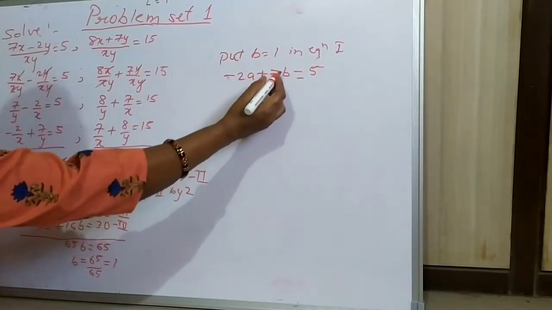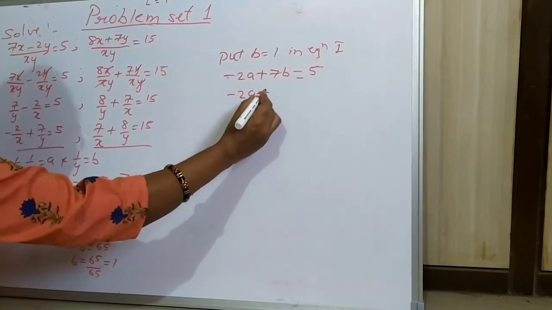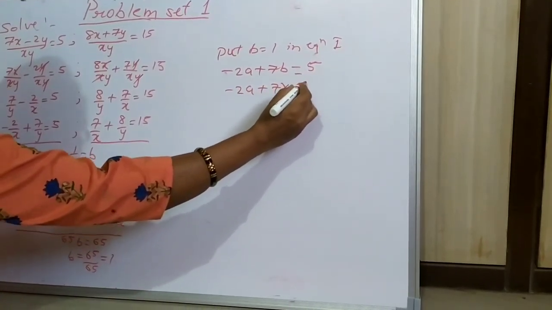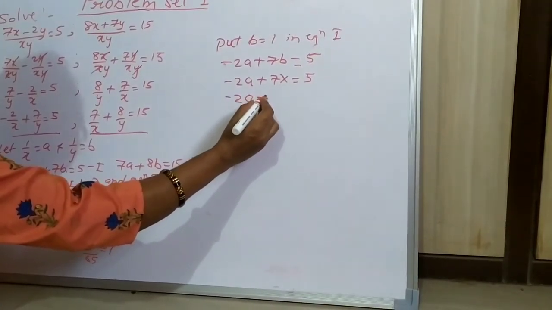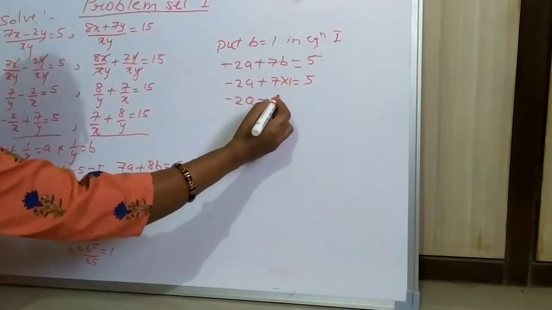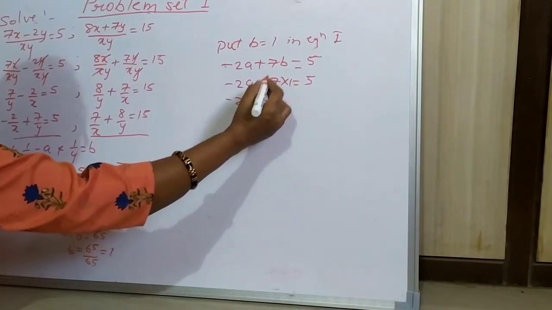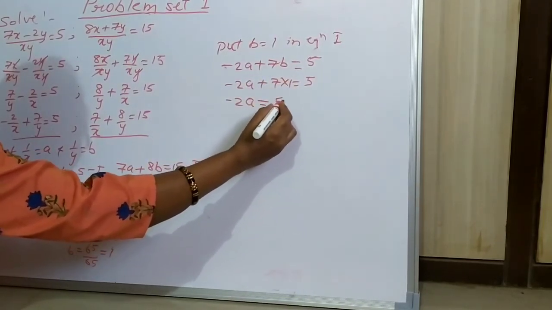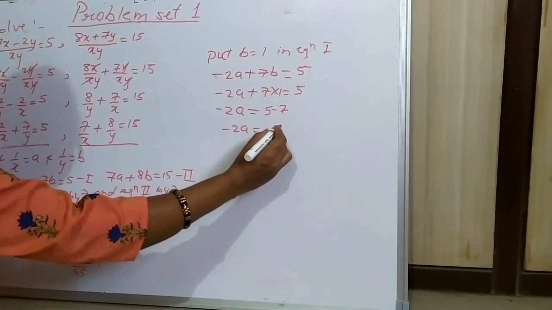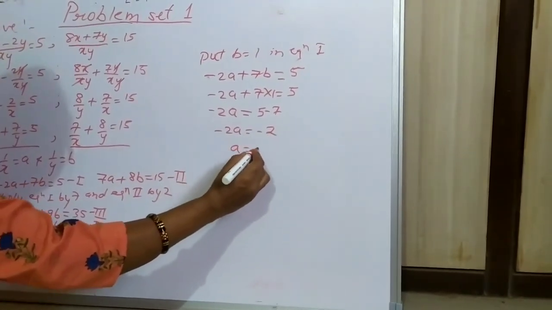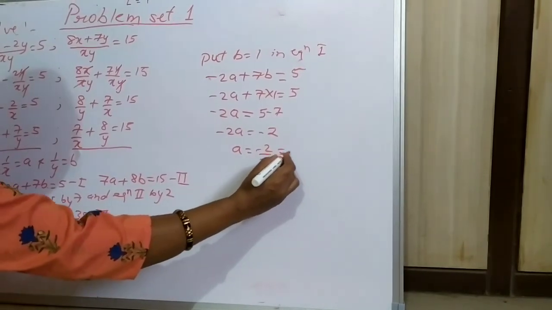In place of b write 1. So minus 2a as it is plus 7 into 1 is equal to 5. 7 into 1 is 7. We transfer the 7 to that side, we get 5 minus 7. So minus 2a is equal to minus 2. So a is equal to minus 2 upon minus 2, that is 1.